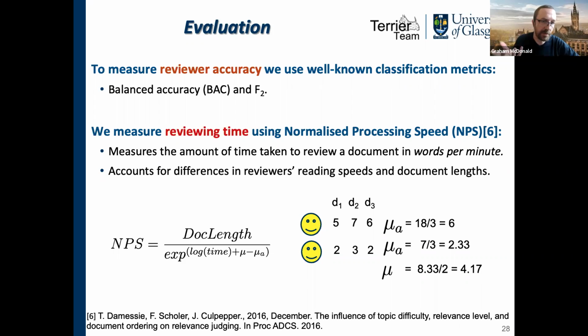And then we want to measure how quickly they actually review the documents. So we use a measure called normalized processing speed. I won't go into the details too much, but it basically uses geometric averaging to account for the differences in reading speeds across different reviewers and variations in document lengths.